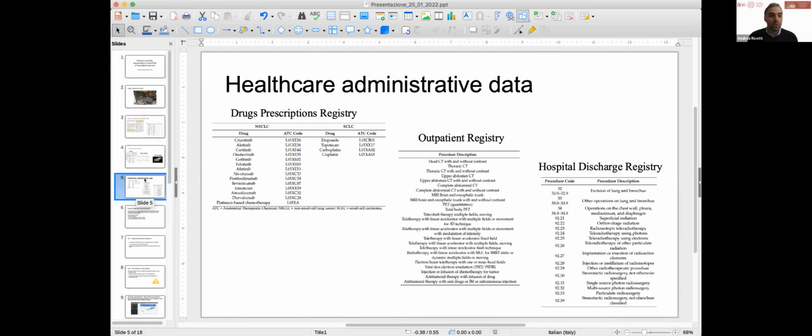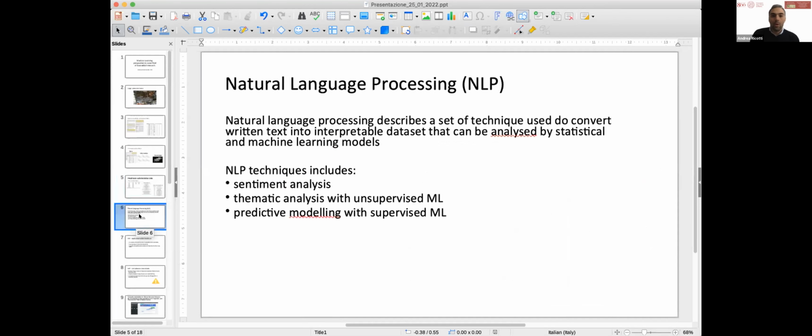So we need to use medical records to join information from the pathway of the patient to the outcome or clinical information. One way to achieve this is to use natural language processing.